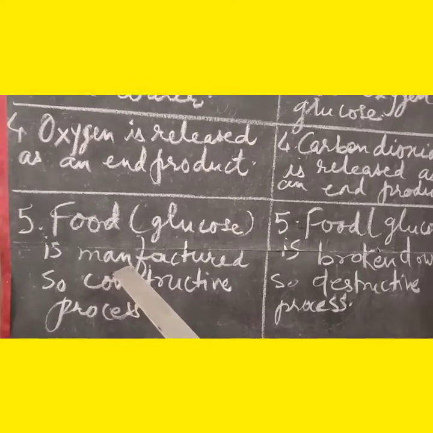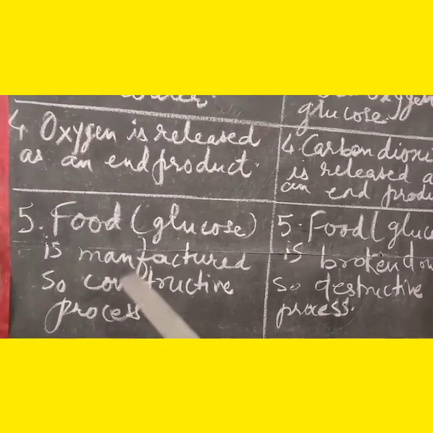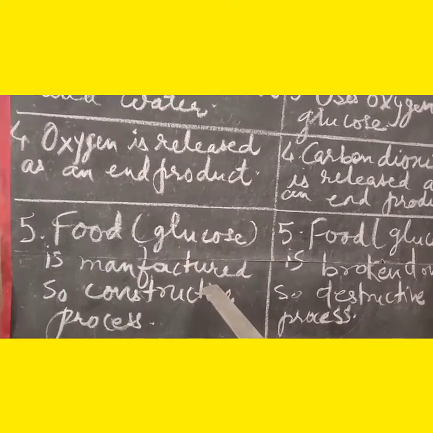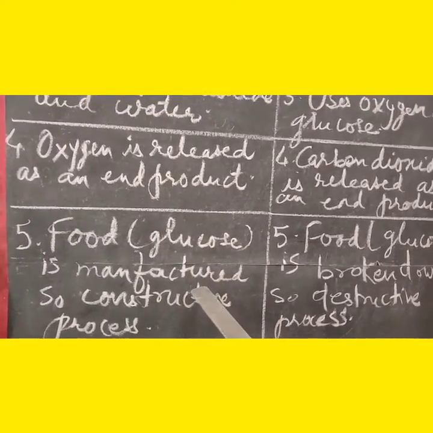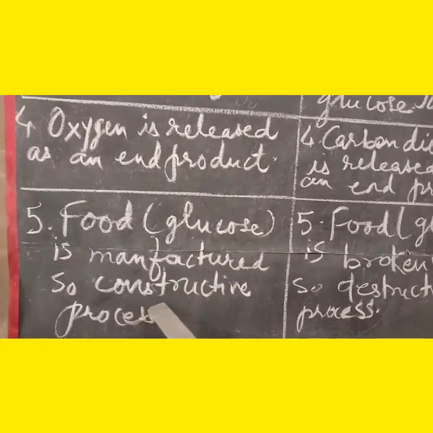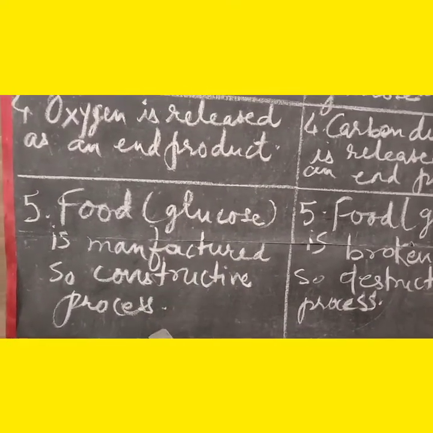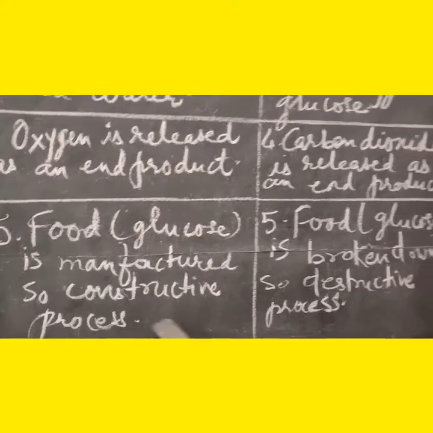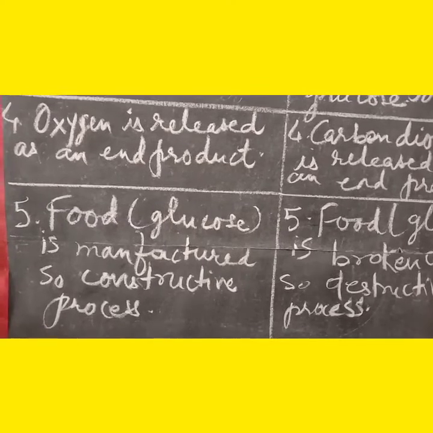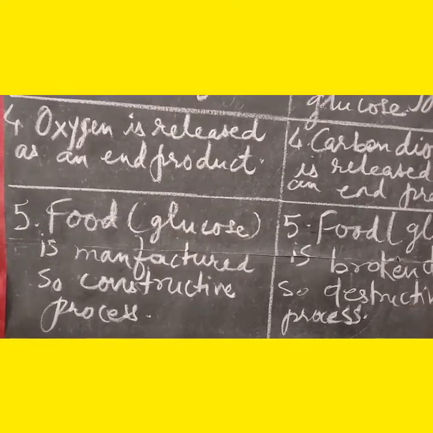The last difference can be written like this. Food, that is glucose, is manufactured. We all know that photosynthesis results in the formation of glucose, formation of food, and that is why it is a constructive process. In biology, we call all such processes anabolic processes.